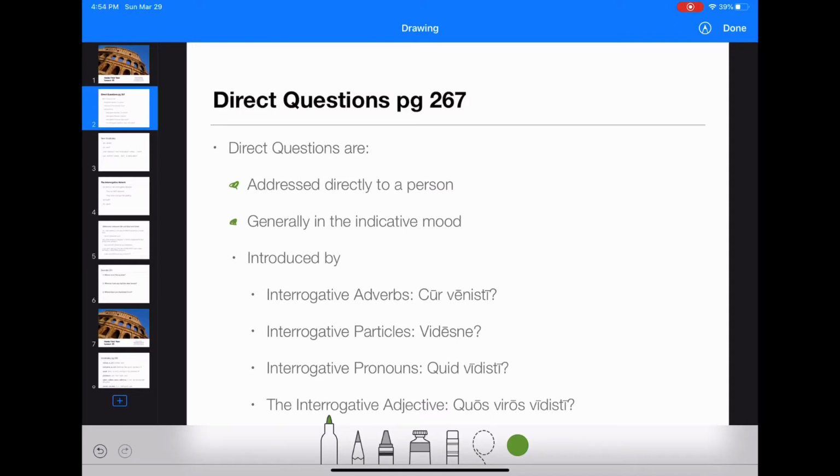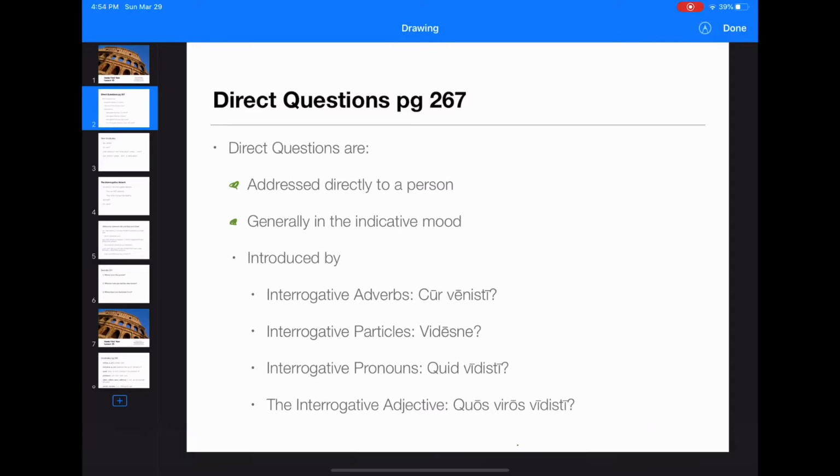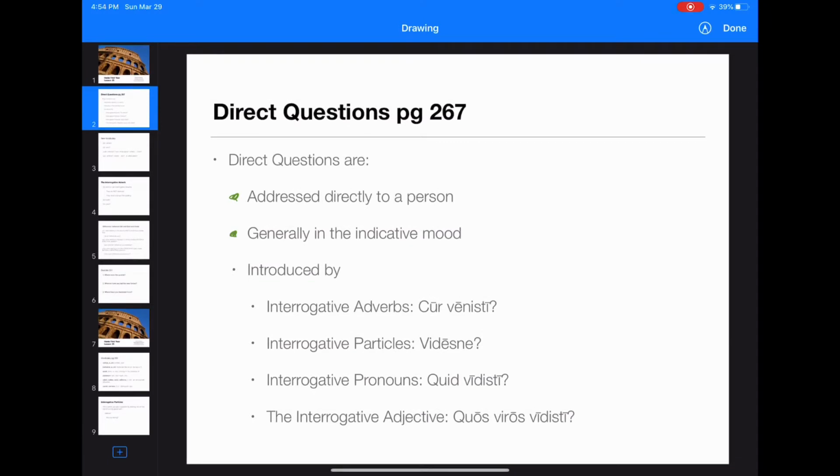The first way that it would be introduced is with an interrogative adverb, such as cur. The second is an interrogative particle, so that's this ne on the end of the verb. You see, vides is a verb that means you see, and they have stuck ne on the end, so now this means do you see.